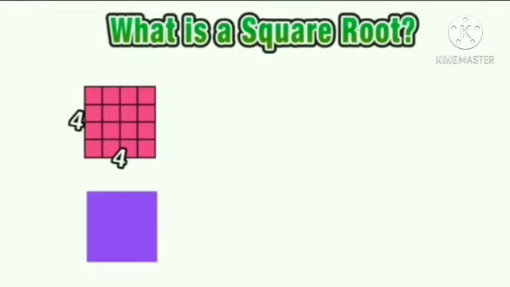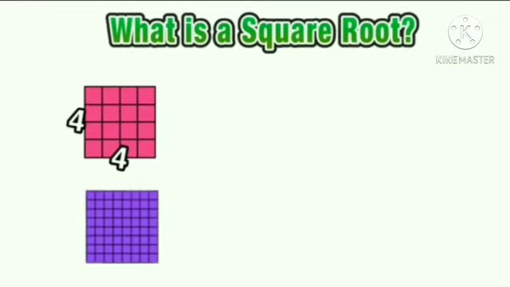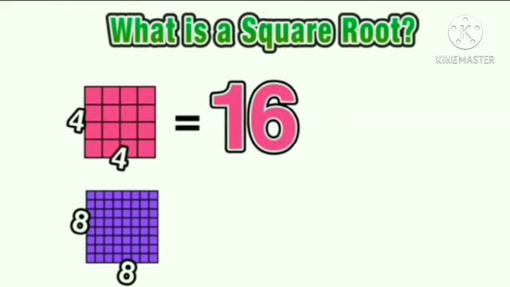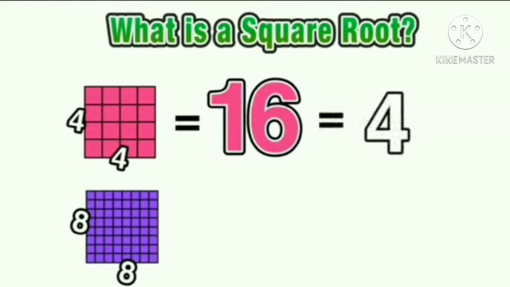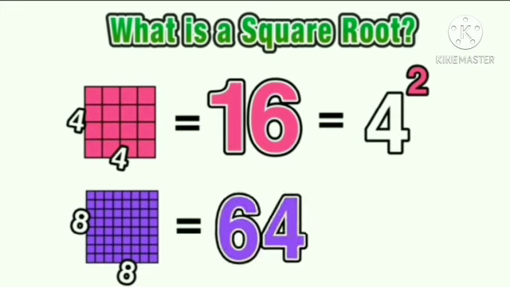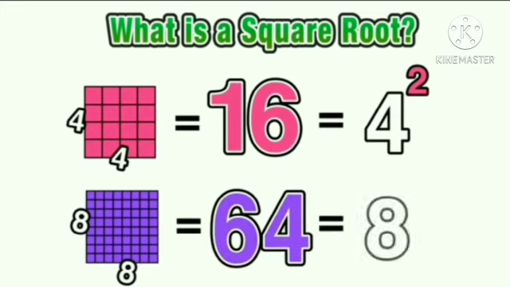For example, now we can take a 4 by 4 square and an 8 by 8 square. 4 times 4 is equal to 16, which is 4 squared. In the same way, we can see the other square, that is 8 by 8 is equal to 64, which is 8 squared.